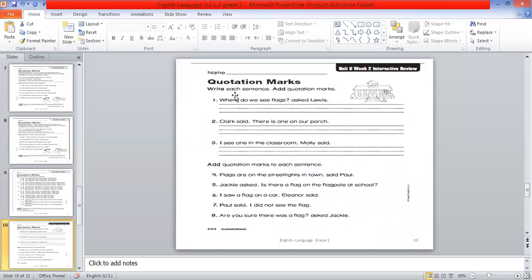Now, we're going to write each sentence and add the quotation marks. Number one, where do we see flags? Asked Louise. Yes, of course, we are going to start from here, before the word asked. Here I'm going to draw it.